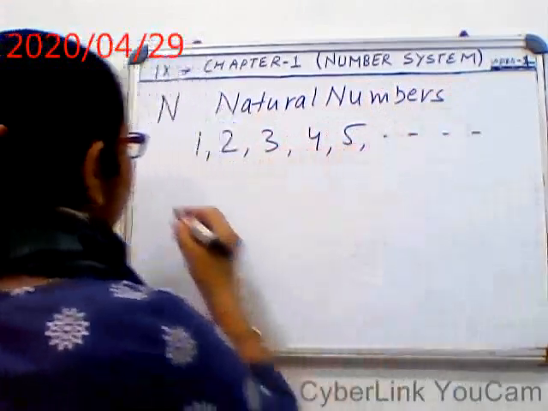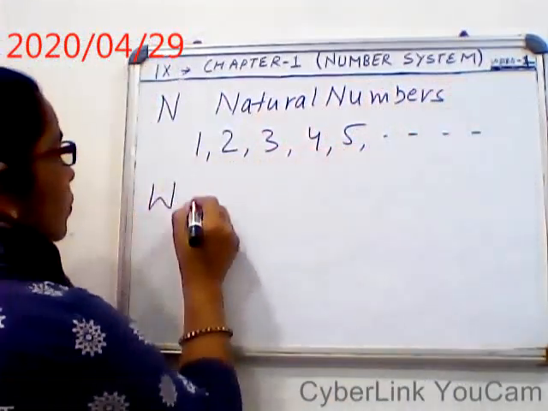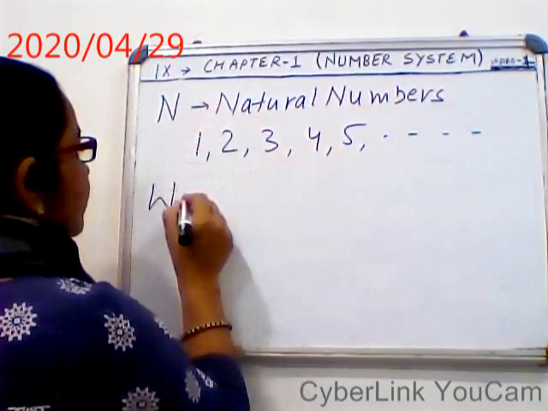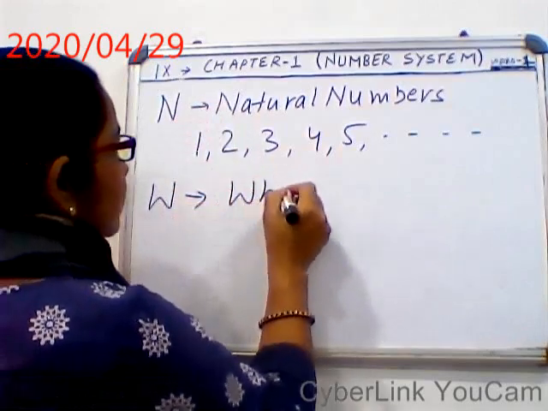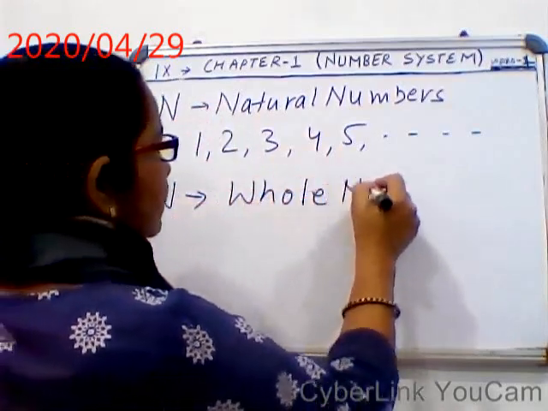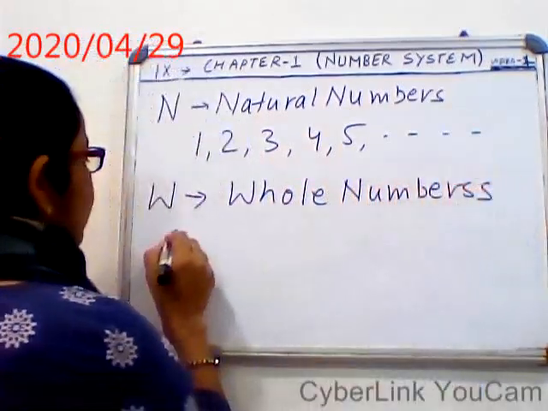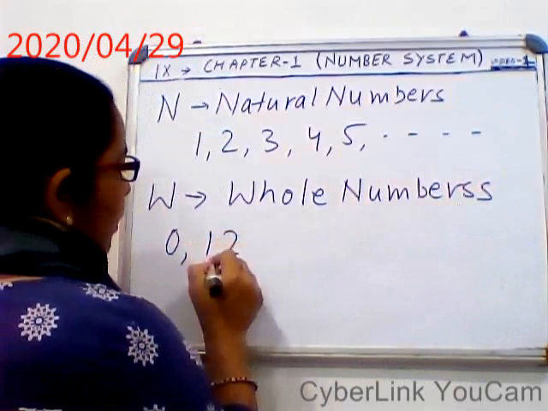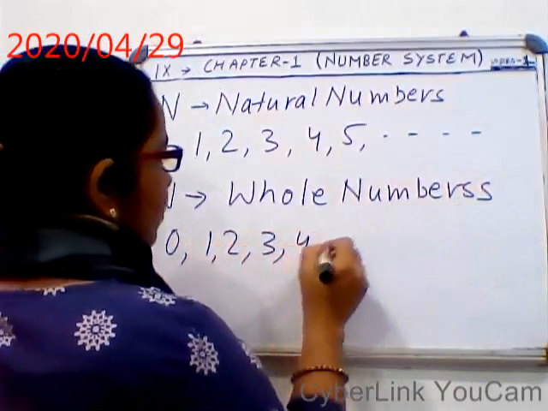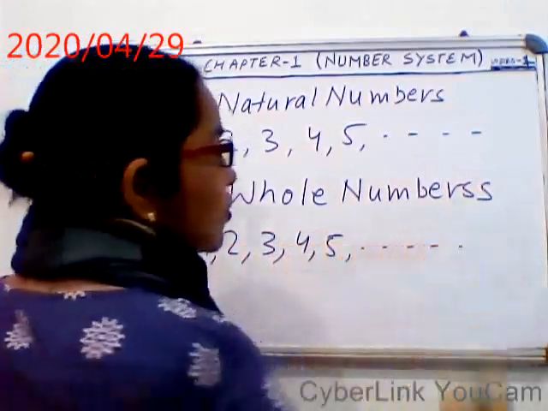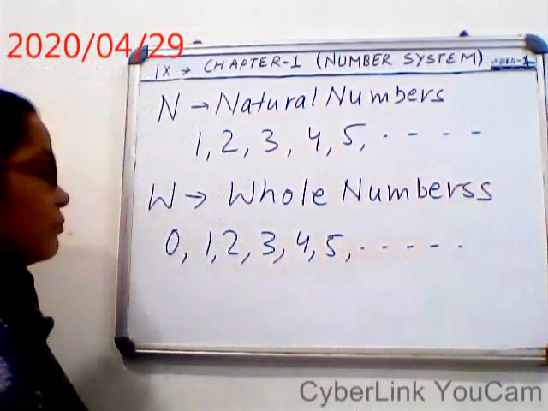So next was W, that stands for whole numbers. They are 0 and all the natural numbers. So when we take 0 with the natural numbers, it becomes whole numbers.